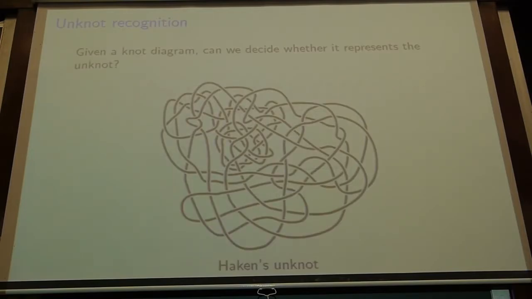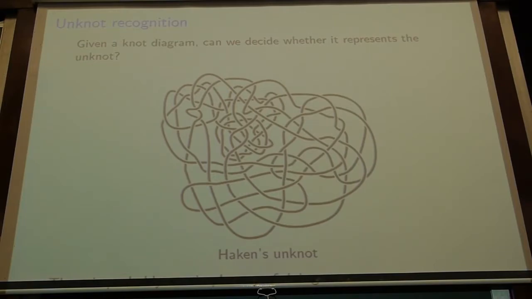But then the thing is, you can get some pretty nasty diagrams of the unknot. This, for example, is a diagram essentially due to Haken, and it's designed to be a counterexample to just about any conjecture that one may make about how to simplify the unknot. So the conclusion that you draw from this is that there's probably no simple way of being able to detect the unknot.